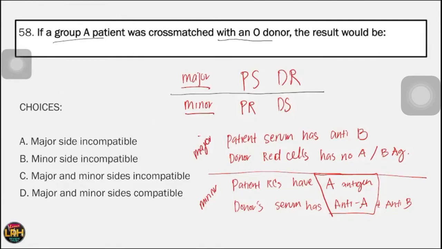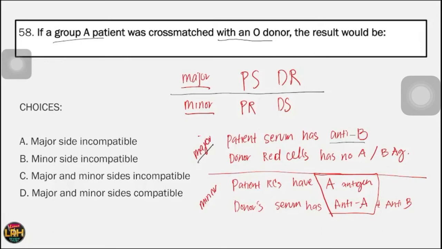So for major cross-match, the patient's serum, since this is group A, contains anti-B in their serum. Donor red cell, if it is type O, has no A or B antigen on its red cell membrane. For minor cross-match, we have patient red cells, which contain A antigen on their membrane, and then the donor serum has anti-A and anti-B.